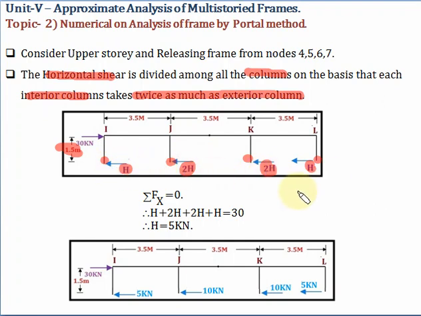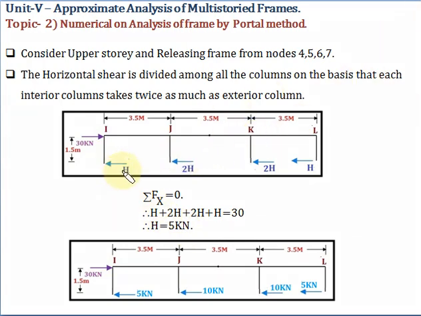Now we will apply the equilibrium equation, summation Fx equal to 0. We have considered the sign convention that towards the right is positive and towards the left is negative, but here the forces acting on the left-hand side are taken on one side and 30 kilonewton on the other side.